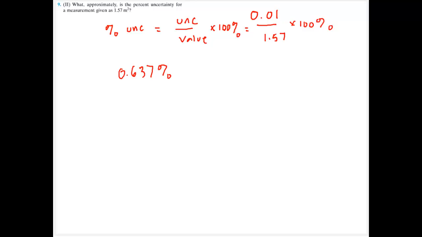However, keeping in mind if I have significant figures, this guy is going to have 1 significant figure, this guy is going to have 3 significant figures, so technically my result should have 1 significant figure, or 1%. In reality, after this chapter, I'm perfectly happy to accept 0.637, 0.64, 0.6, or even 1%.